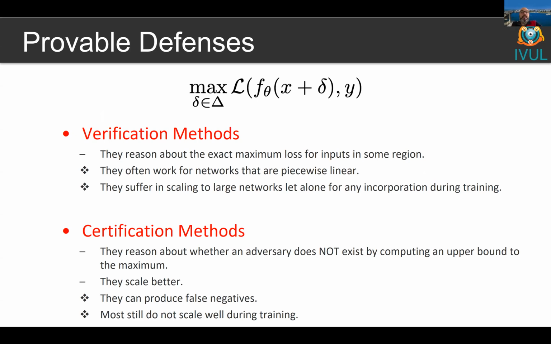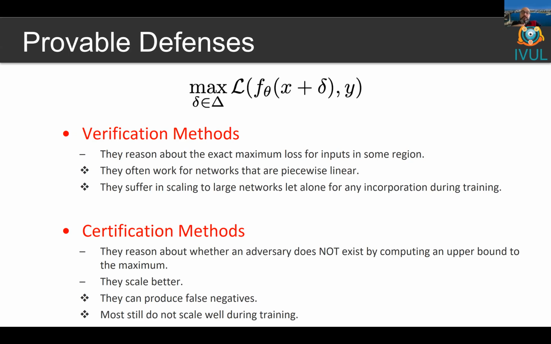The methods that do that are called verification methods, and they target computing and reasoning about the exact maximum loss. So there's no cutting corners. Unfortunately, they only really apply to very shallow networks, 2 or 3 layers only, so they're not realistic. And even though you can verify whether a network is verifiably robust within a region, you cannot integrate it into training because it's so slow. Even certifying a network that's already been trained is very slow, so these methods usually are not practical.